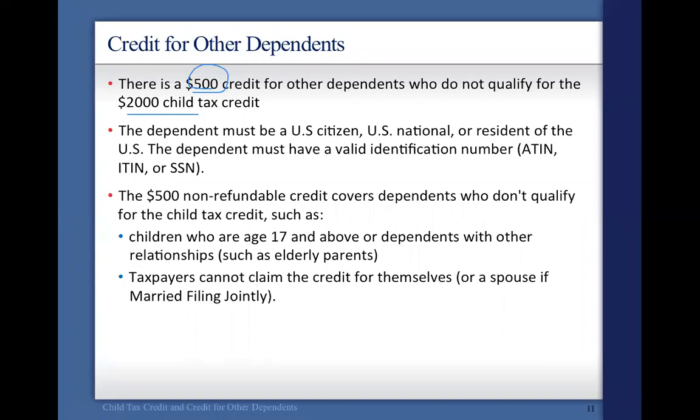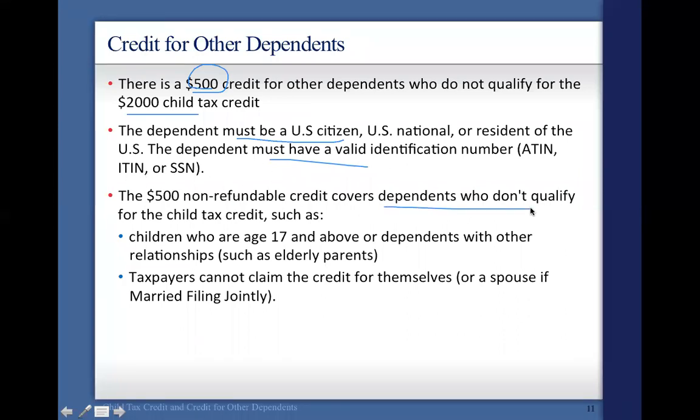I would turn to page G6. Notice that the dependent for that $500 other dependent credit must be a U.S. citizen or resident. They must have a valid Social Security number or some identifying document, ITIN or ATIN.